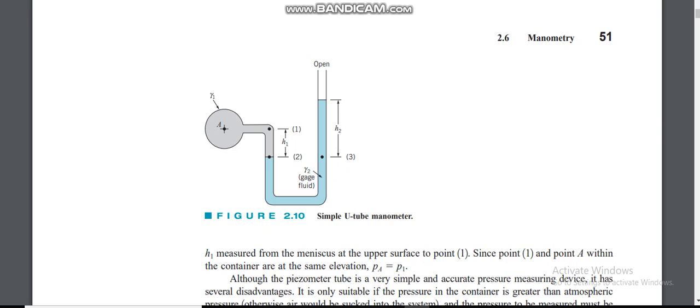As pressure increases, the specific weight is gamma 1, and this is height H1. Then at this point and at this point, pressure always remains the same. Moving onward, upward, in the upward direction pressure will decrease. So minus, and the gauge fluid has a specific weight of gamma 2. So minus gamma 2 H2.